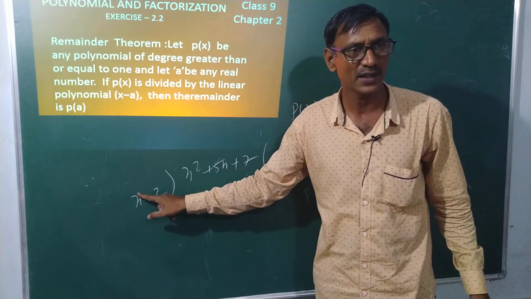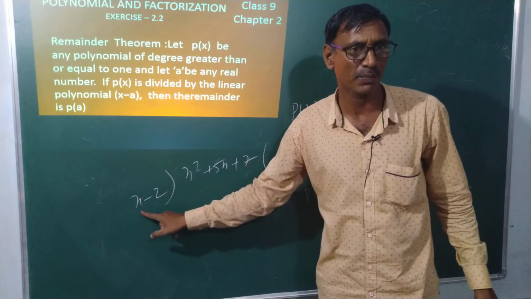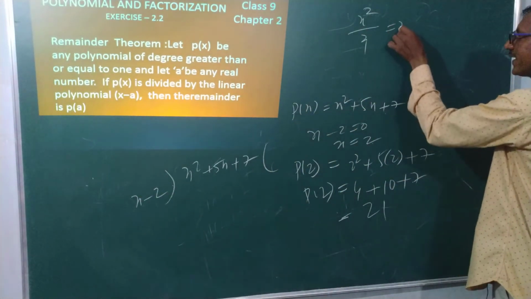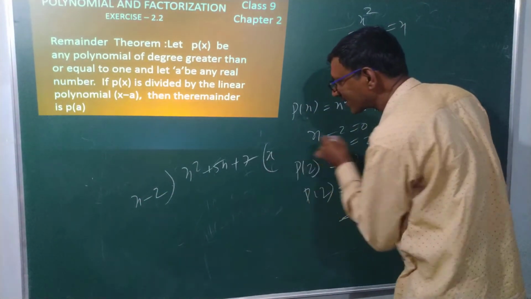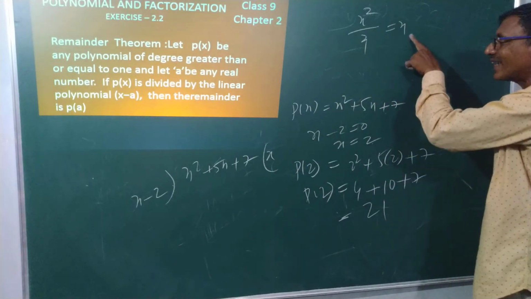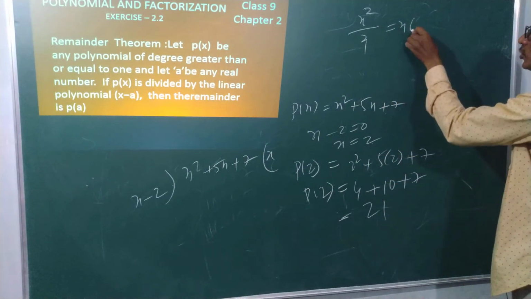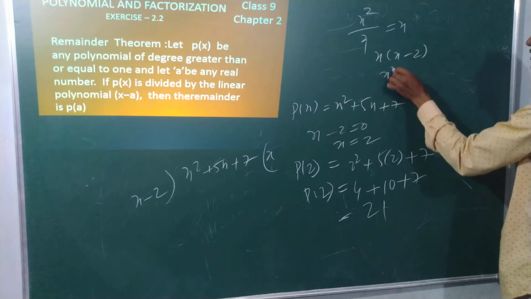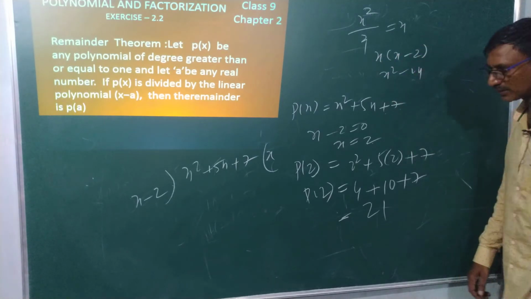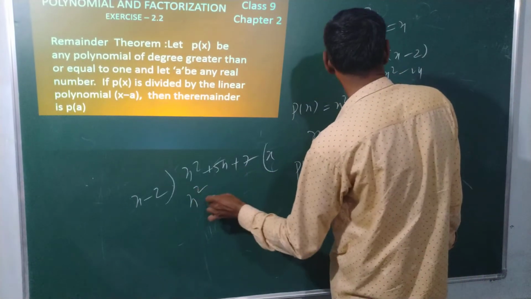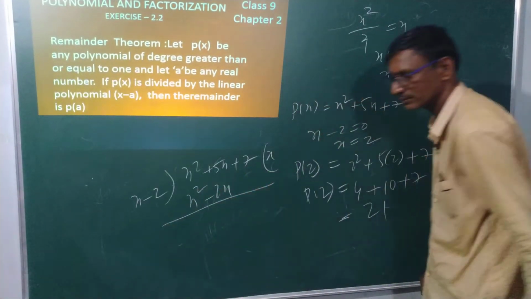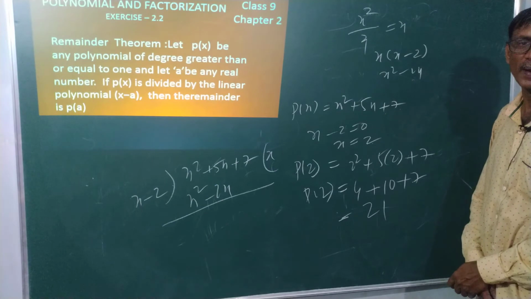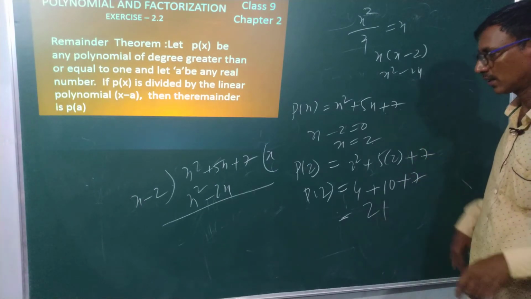Here x is the highest degree term in the linear polynomial. We get x, you write it down, and it should be multiplied with the divisor x minus 2, giving x square minus 2x. Am I clear?